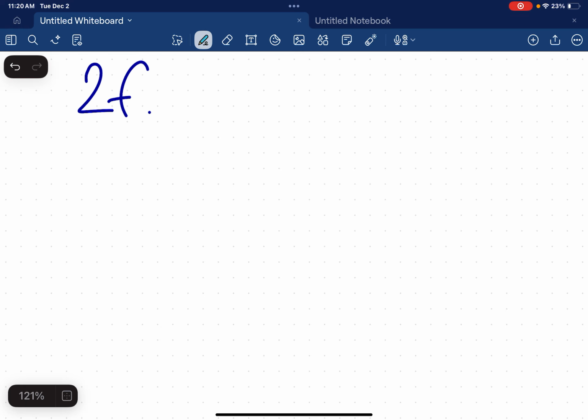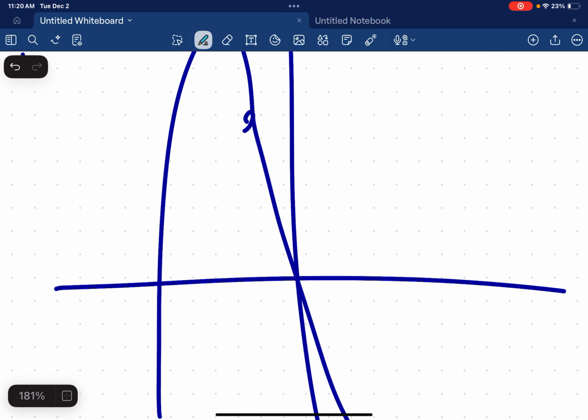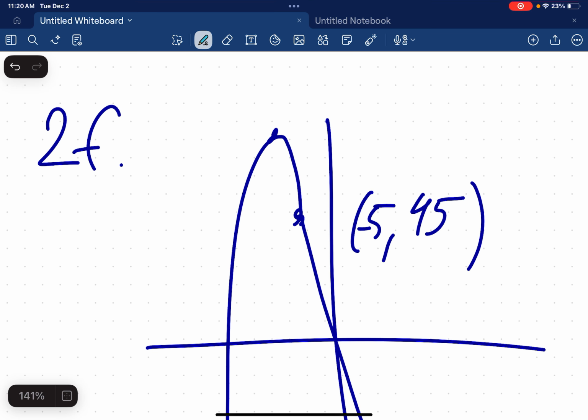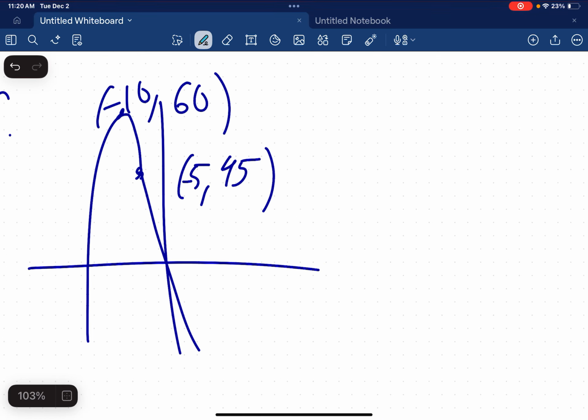Okay, F. We're given a skinny little function over here. That's not how it looks. Okay. So we're given 2 points this time, so it's going to be a vertex one where it gives us (-5, 45) as the random point, and the vertex as (-10, 60). Which means that y is going to be equal to a(x plus 10) squared plus 60.